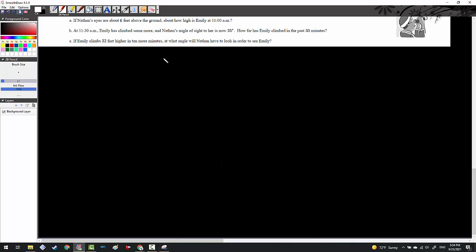So in part C, they're telling us that Emily has climbed 32 more feet in 10 minutes. And we're going to find out the angle that Nathan will have to look in order to see her. So this is going to involve some inverse trig here. At this point in time, Emily has climbed 86.27 feet in the air.